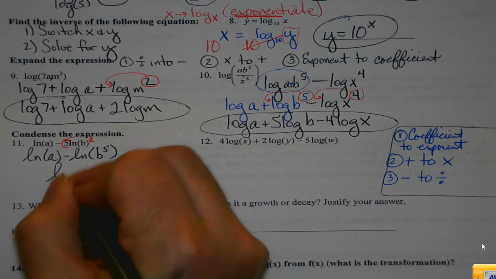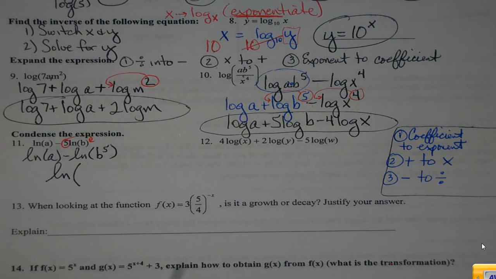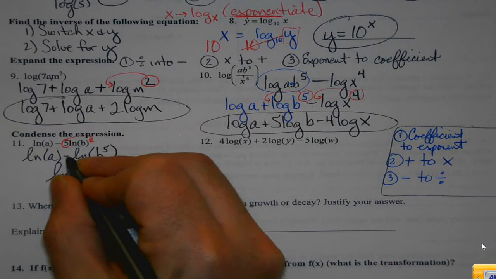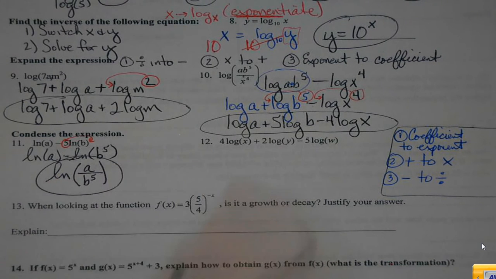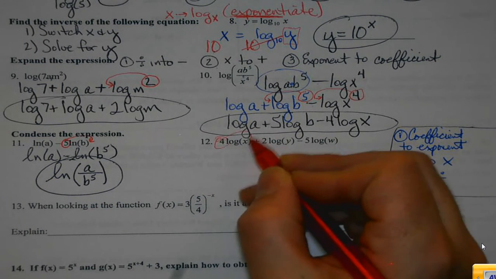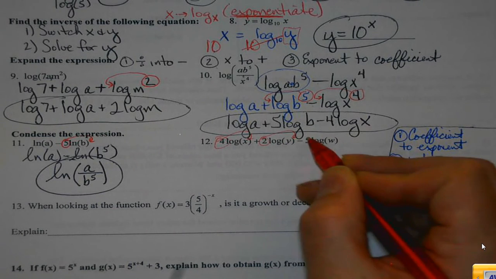So we're going to get down to one single log. A minus becomes divide b to the 5th. One log. I am condensed. And it'll work that same way on number 12 as well. Except this time again, I got a little more work to do at the start. So I look, I'm like, okay, coefficient to exponent. I got lots of coefficients this time. Every one of my terms has one.